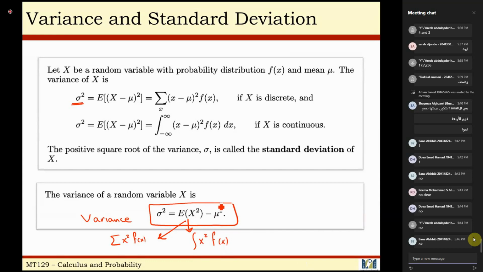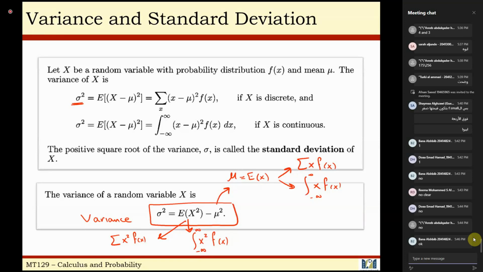But the mu square, just find the mu. Mu is the expected value. If we have discrete, summation x f of x; if continuous, integral x f of x from minus infinity to infinity.